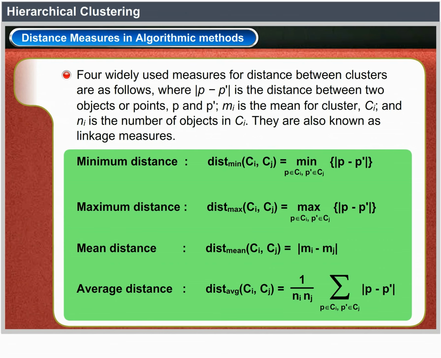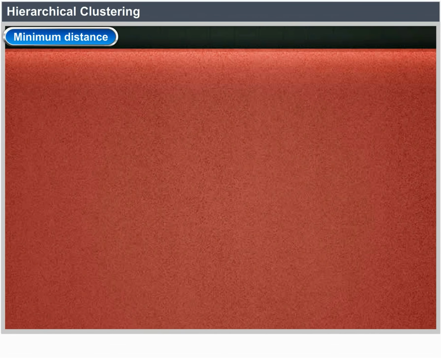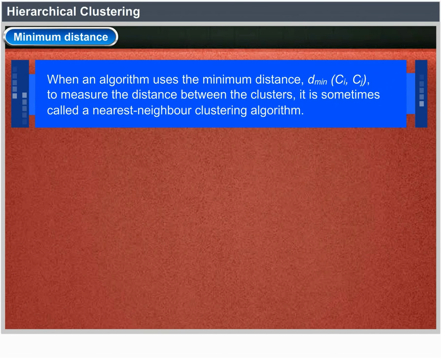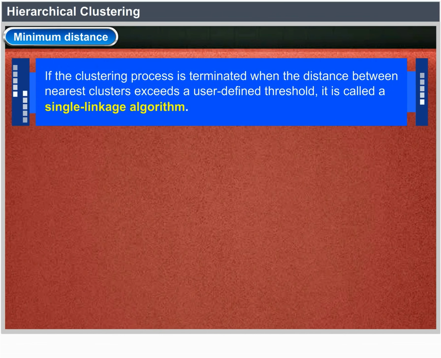Minimum distance. When an algorithm uses the minimum distance, dmin(Ci, Cj), to measure the distance between clusters, it is sometimes called a nearest neighbor clustering algorithm. If the clustering process is terminated when the distance between the nearest clusters exceeds a user-defined threshold, it is called a single linkage algorithm.